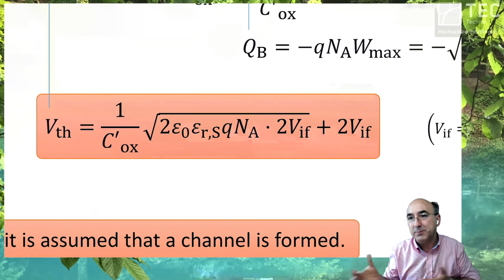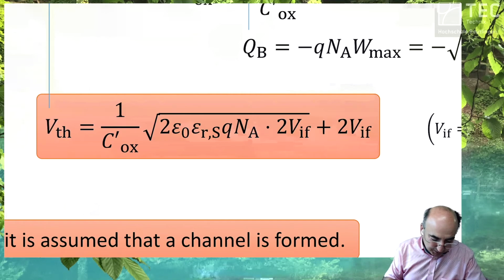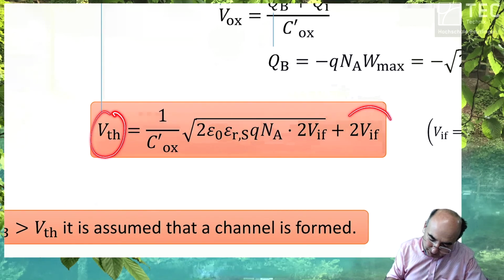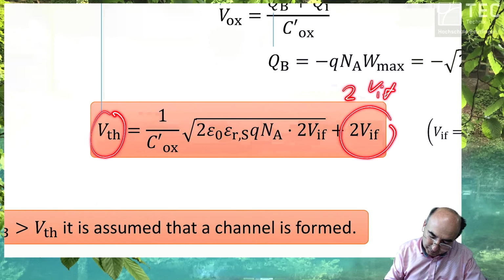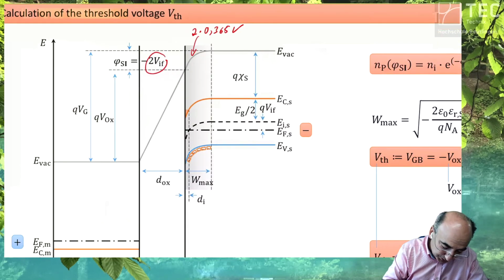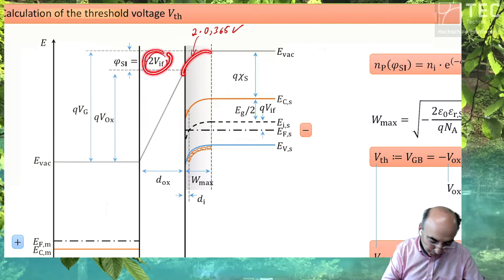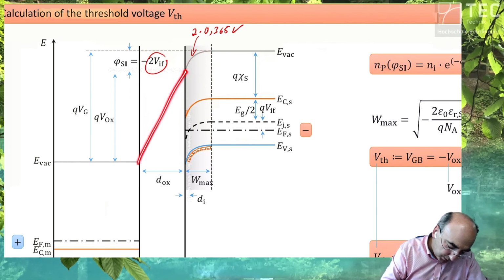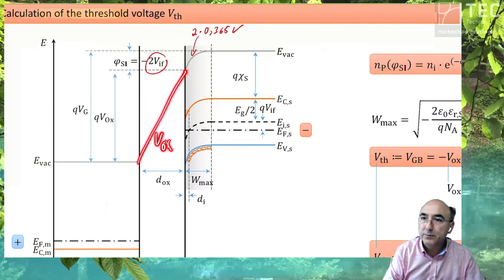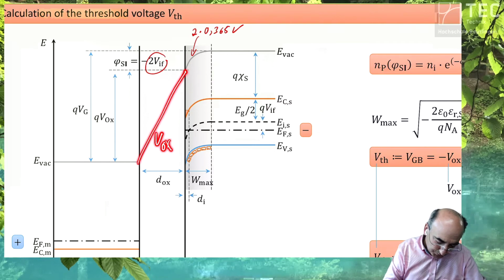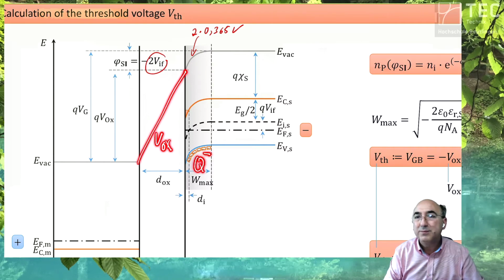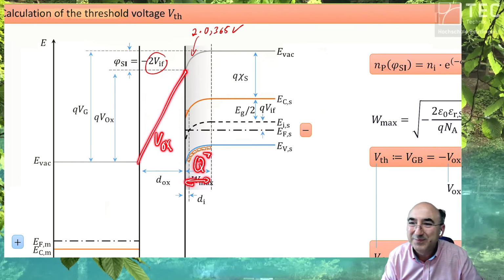Very important. And this equation reflects everything we have learned, for sure. It's just mathematics. The threshold voltage consists of 2 times VIF, because the full bending consists of 2 VIF, and it consists of the required oxide voltage. The required oxide voltage is a function of the charge, and the charge is a function of the space charge width.